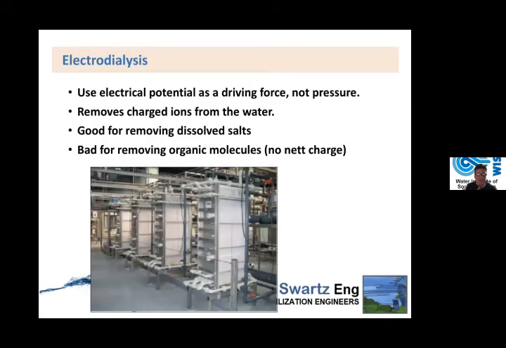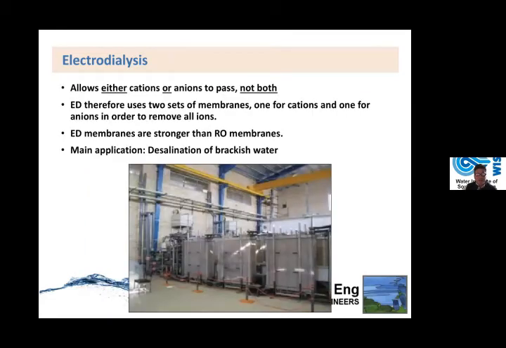Electrodialysis is where you use the electrical potential as your driving force, and basically you can now distinguish between different types of anions and cations on what you would like to pass through your membrane or not.